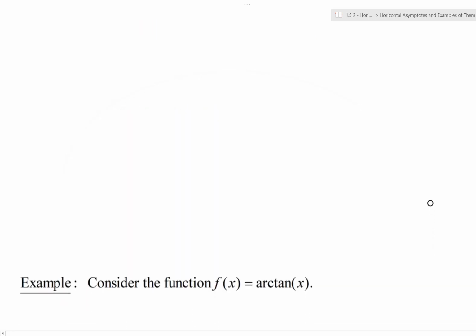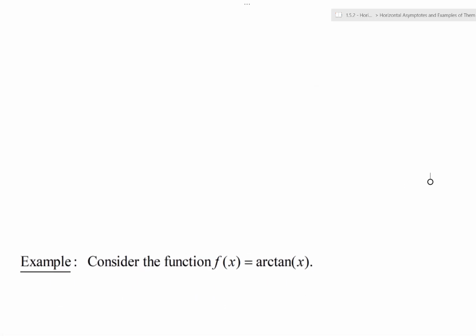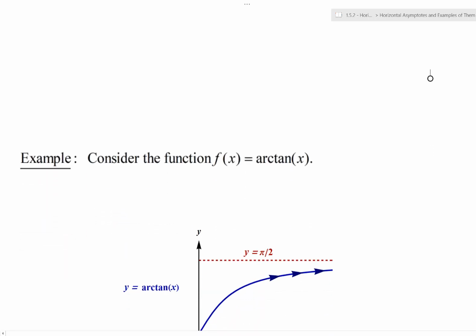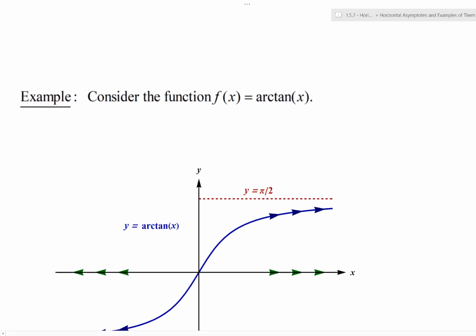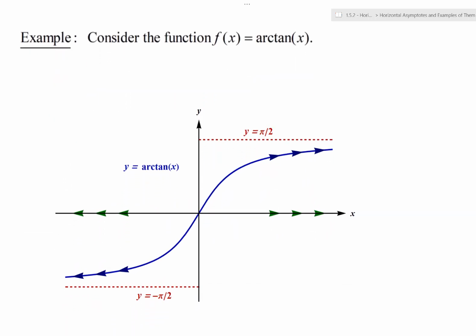All right, we're just going to start by considering the elementary arctangent function. f of x here is the arctangent of x, and of course, to remind ourselves of what this function's graph looks like, we've got the graph given on the screen right here, and there it is.